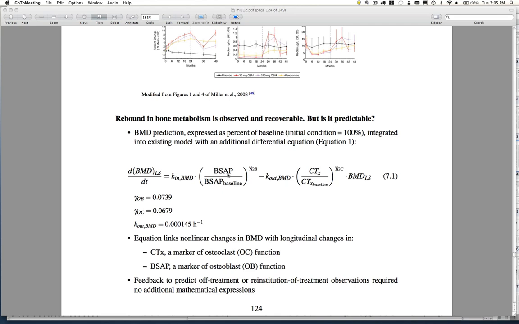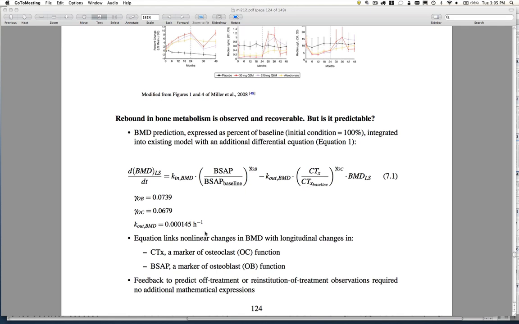So in other words, if you increase your osteoblast function, you're increasing your input of BMD. If you are increasing your C-telopeptide here, the CTX, you are increasing your resorption, or the chewing up, remember, of the bone. And so again, that's all done relative to where you were at baseline.